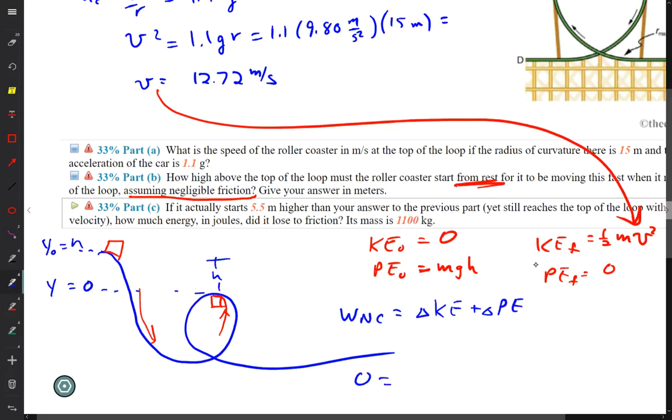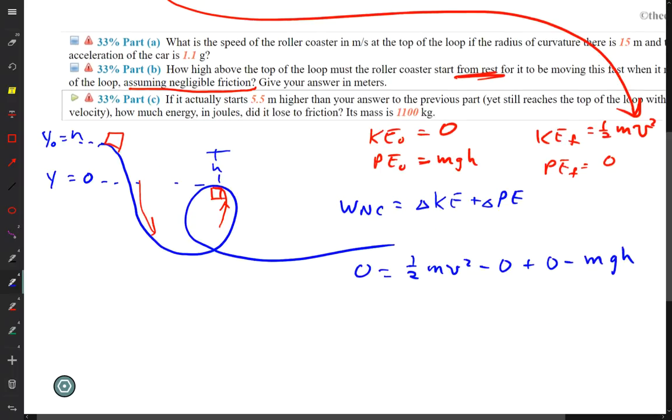So I have 0 equals kinetic energy final, 1/2 mv squared, minus kinetic energy initial, plus potential energy final, minus potential energy initial. And I can immediately solve that for h. Notice once again the mass cancels. It didn't matter.